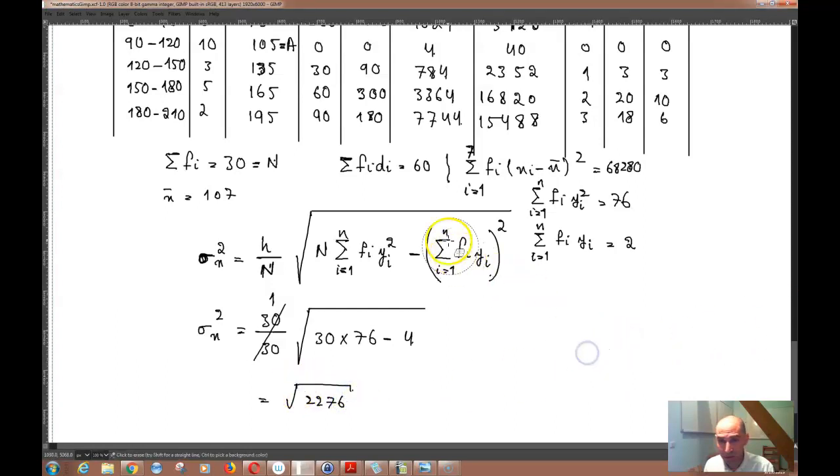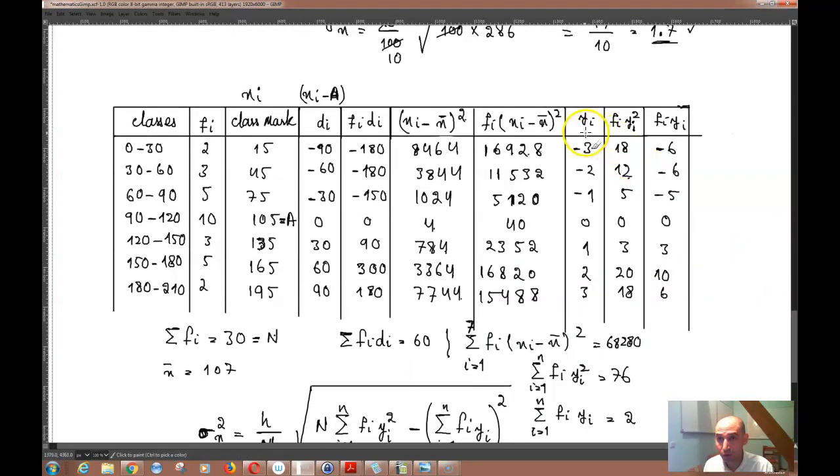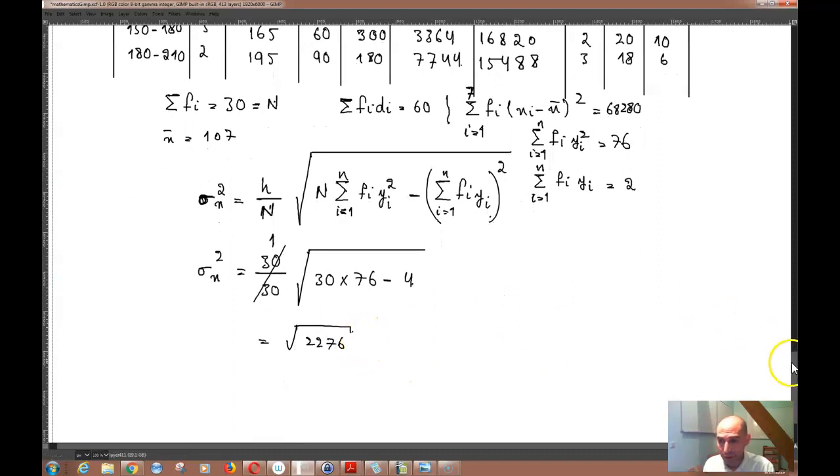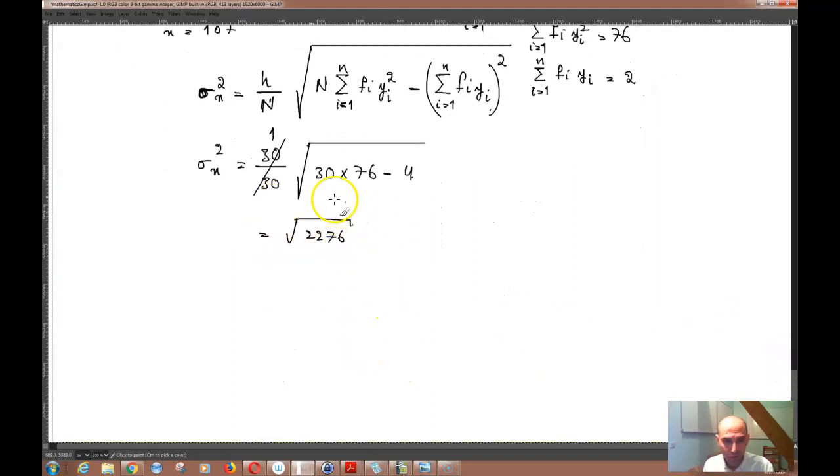It seems that this is actually easier compared to all the calculation that we did over there. All of these complicated numbers, this is much easier because your numbers get much smaller, as you can see here, and then it's very easy to work with these numbers. Now to take the square root of 2276, let me first calculate it using the calculator.